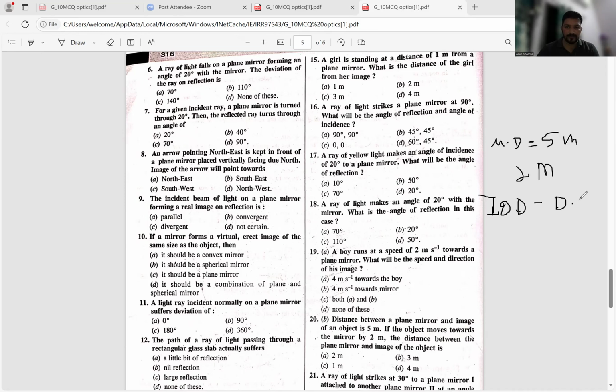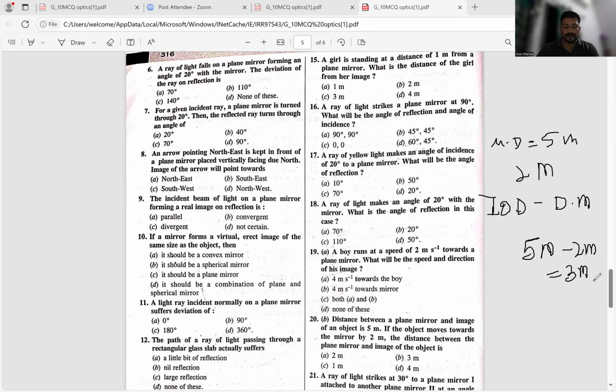How much distance is it moving? 5 meter minus 2 meter, so it is 3 meter.